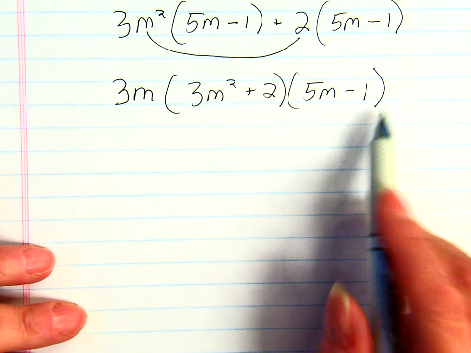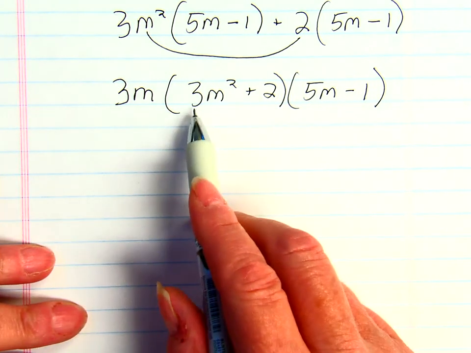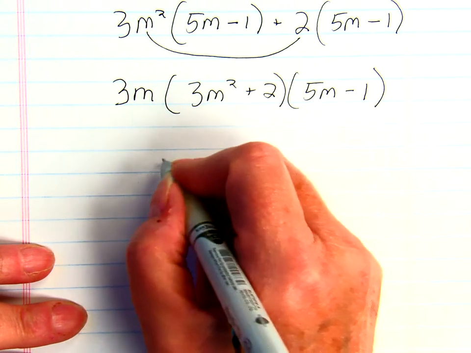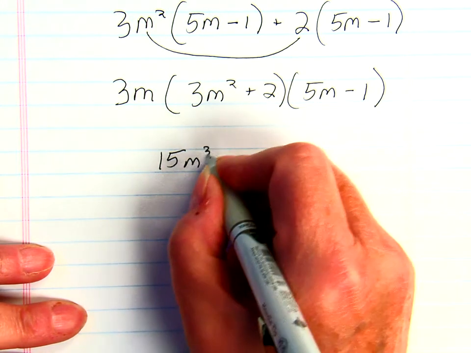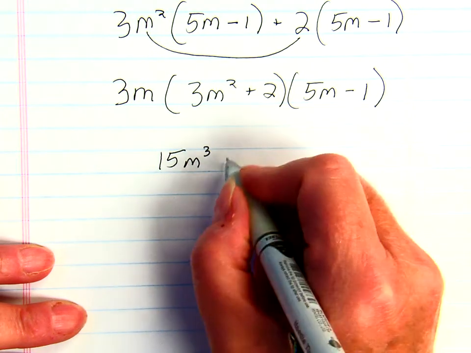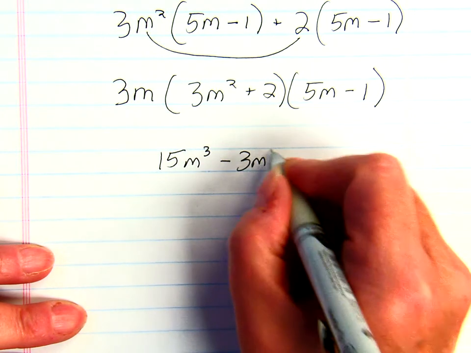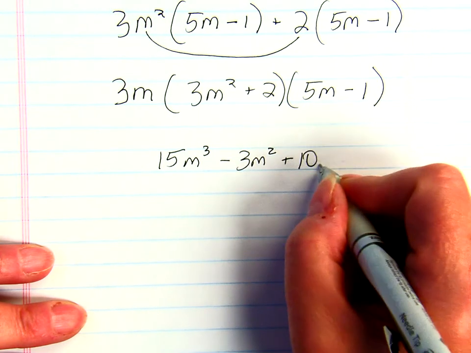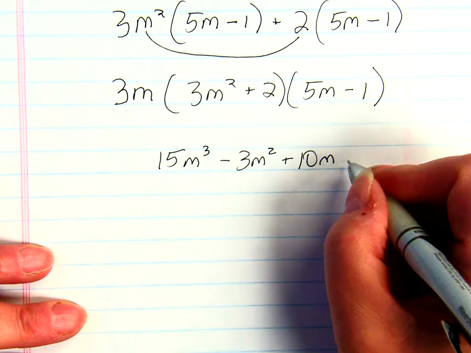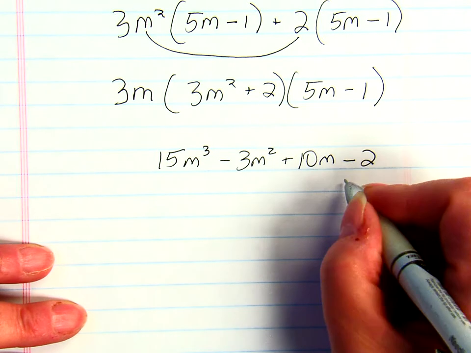I'll start with my FOIL. So I will have 15m cubed, outside will be minus 3m squared, inside will be 10m, and last will be minus 2.